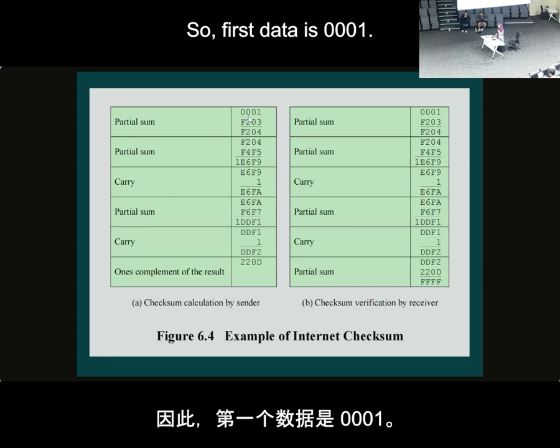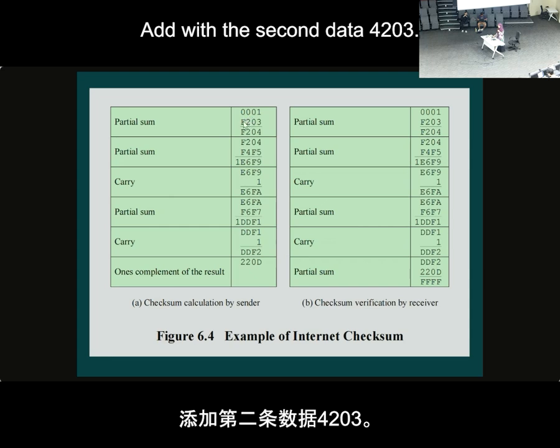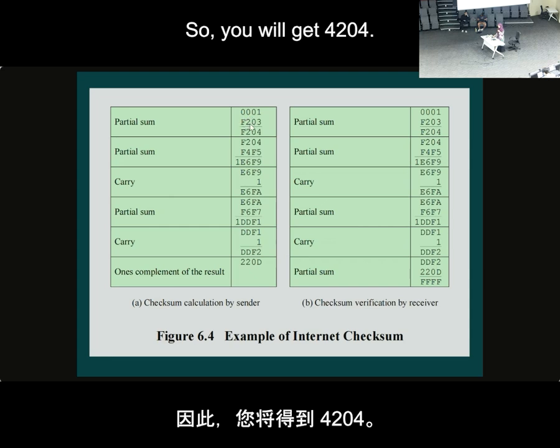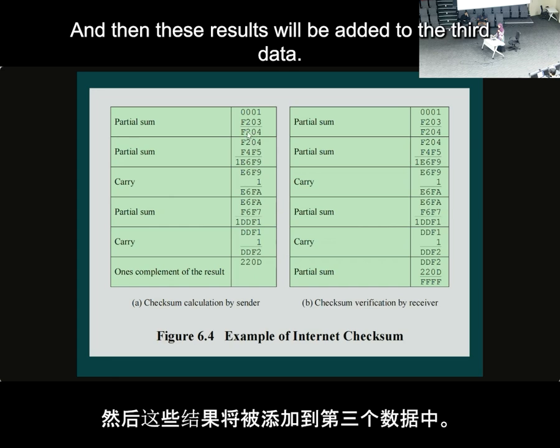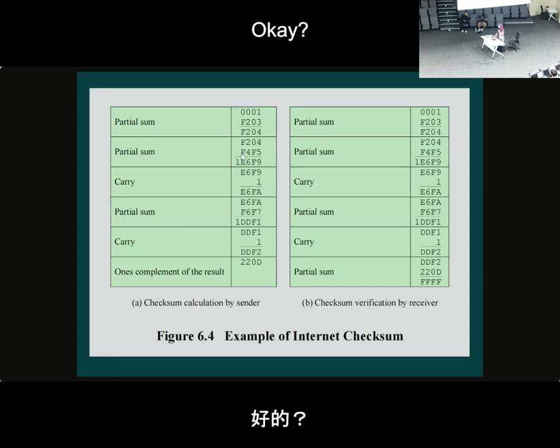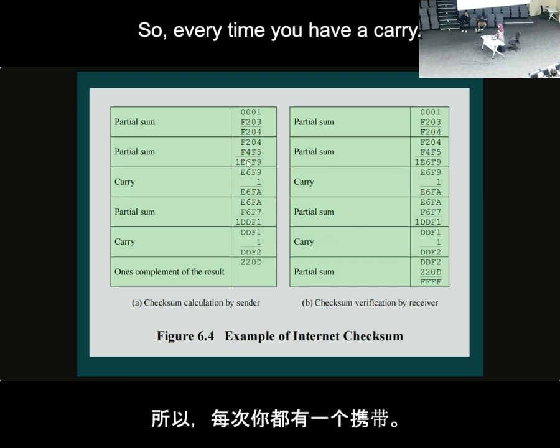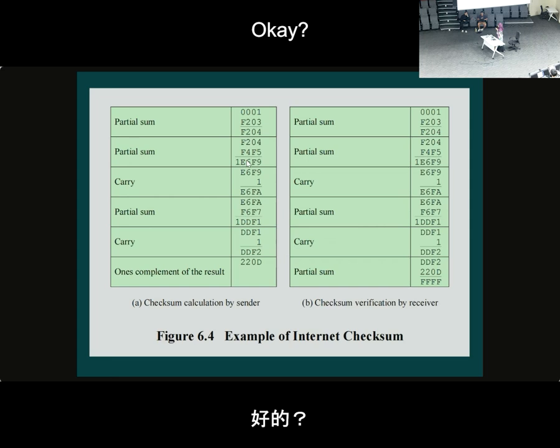In this case, it wants to send 3 data. The first data is 0001. Add it with the second data 4203, so it will get 4204. Then this result will be added to the third data, F4F5. You will get this number. Every time you have a carry, you also need to add the result with the carry.